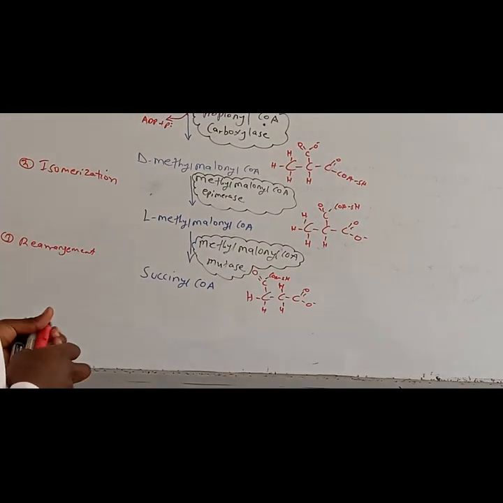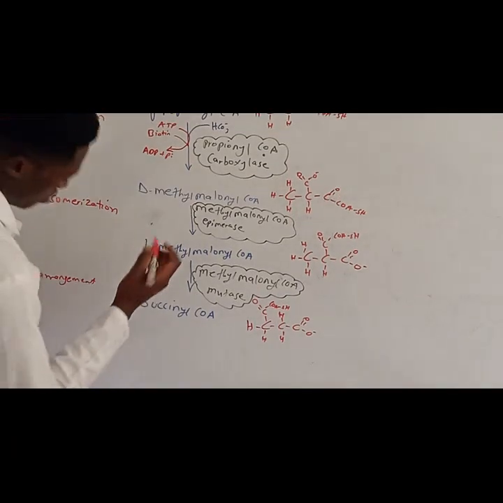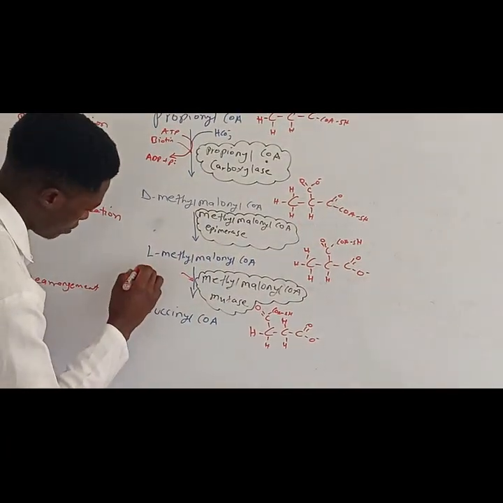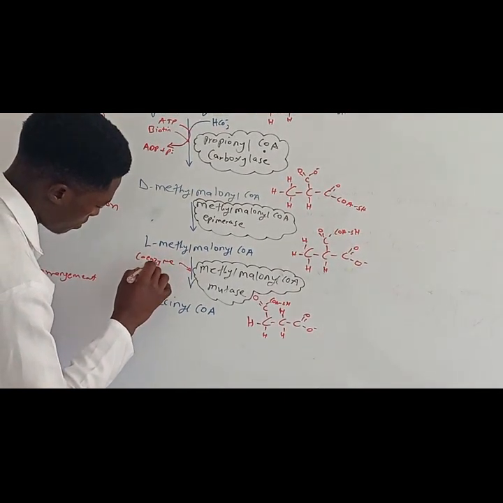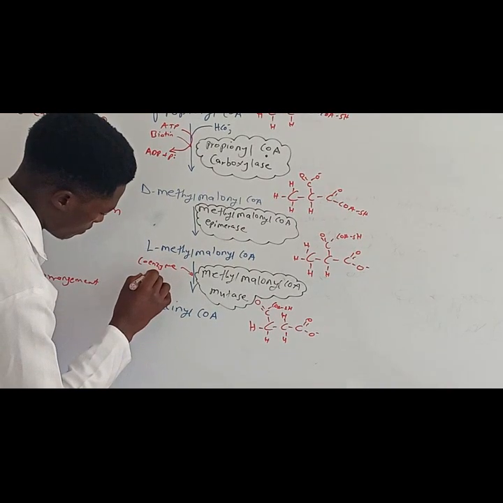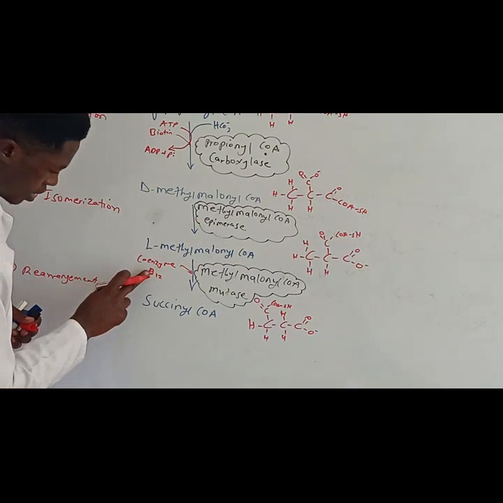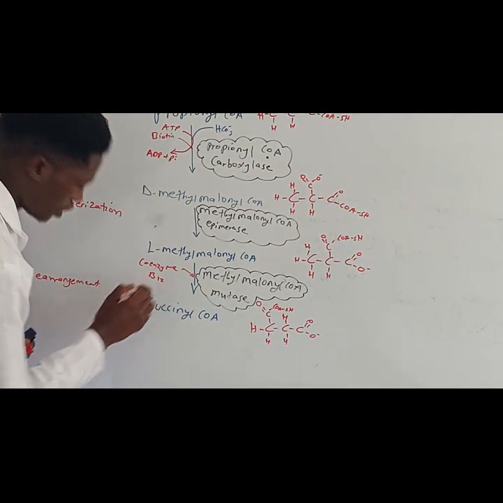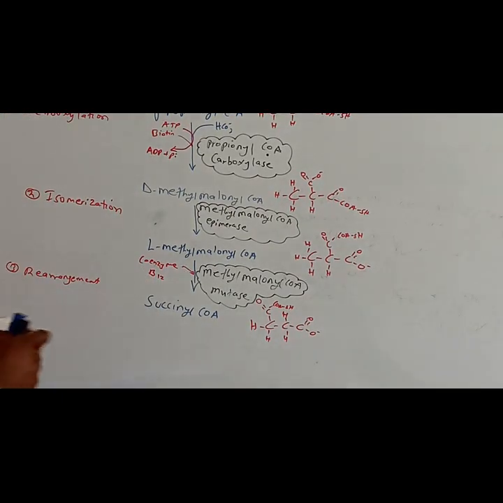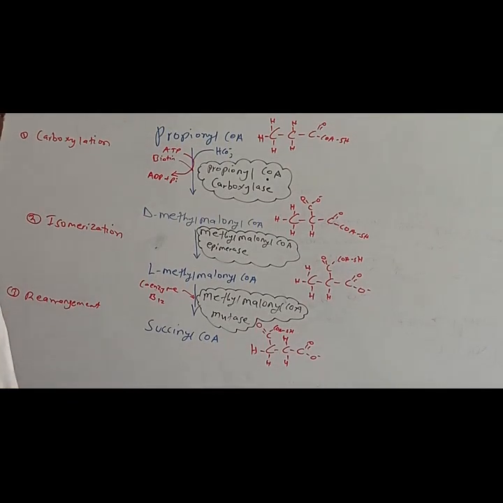Now what is the requirement for this particular reaction? We have the coenzyme B12. Coenzyme B12 is going to be needed for the conversion of the L-methylmalonyl-CoA into succinyl-CoA.